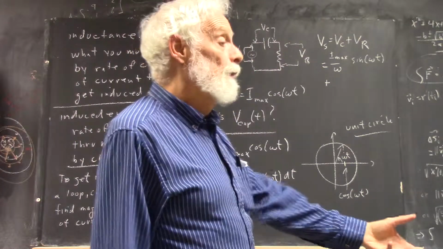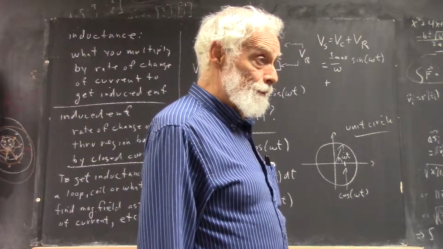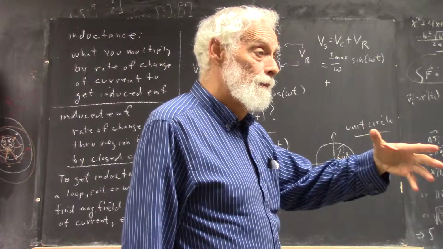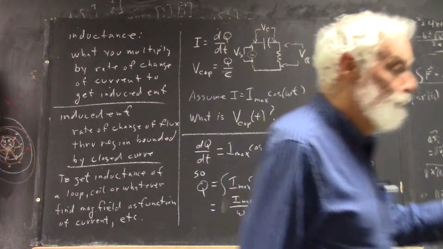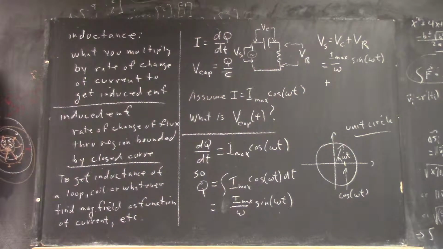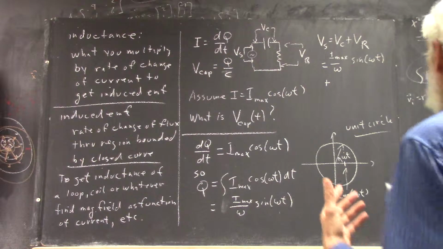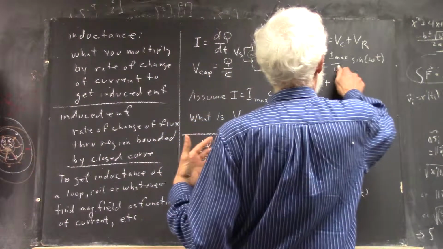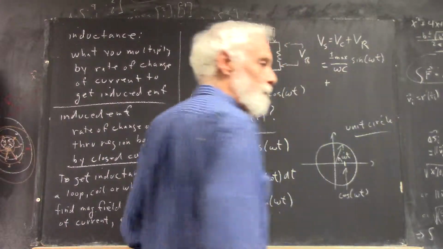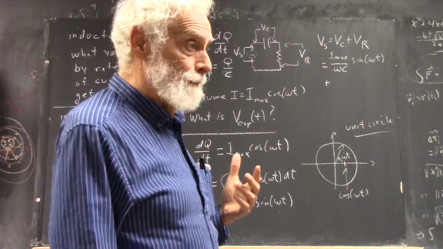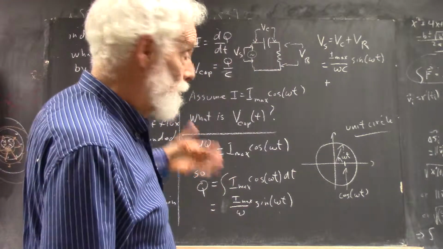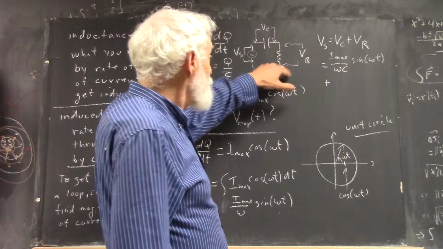Isn't VC supposed to have a C in there? It's Q over C. I'm sorry. Is VC not Q over C? Because you didn't include a C on the I max portion. Yeah, sorry. Left the C out. It's Q over C.